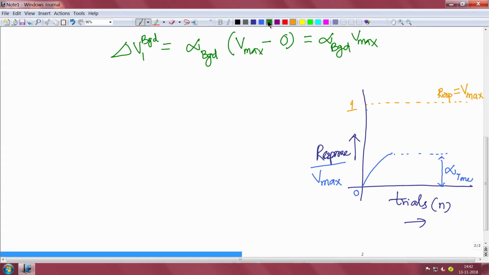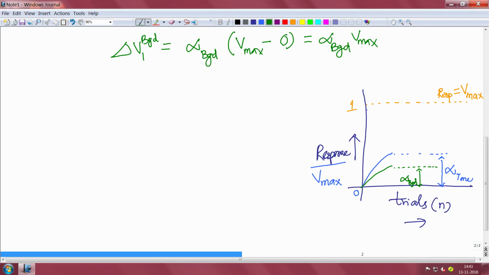And then for the background, assuming it is slightly less than alpha, let us say halfway down from alpha tone, we can think of this as the response level, this is alpha background, of the animal to pure background.